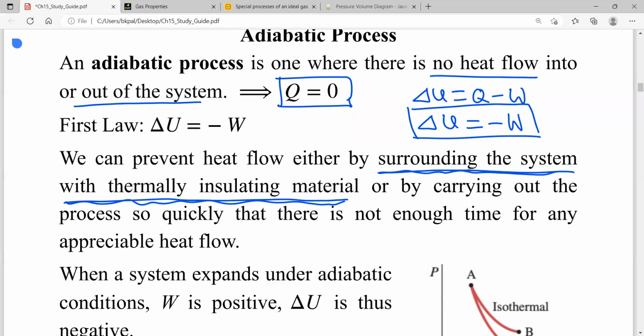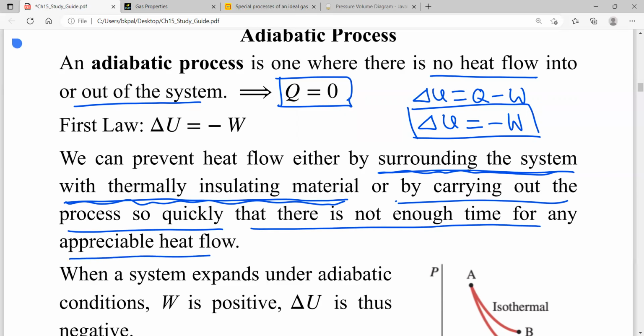Or you can do the process very quickly, so that there is not enough time for any appreciable heat flow. So two ways you can keep Q equal to 0: either you can use insulating materials around, or you can do the process so quickly that there is not enough time for any heat flow.